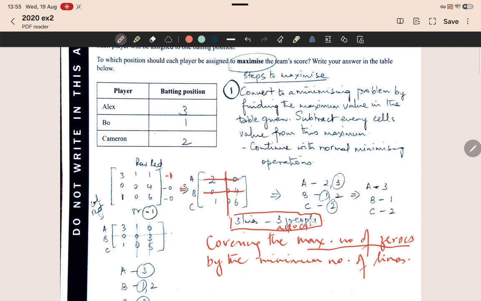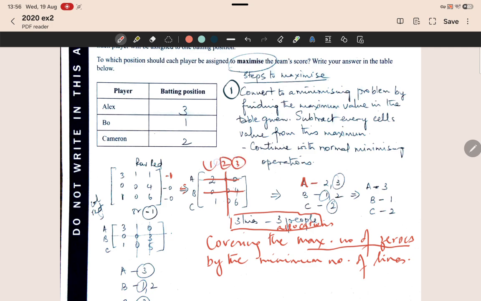Now it's important to write this because they ask you in the exam as to why you were not able to allocate after a particular step. So if you got only 2 lines, you have to say 2 lines is not equal to 3 allocations. But here because you've got 3 lines and you need to allocate 3 people, you can actually stop at this point.